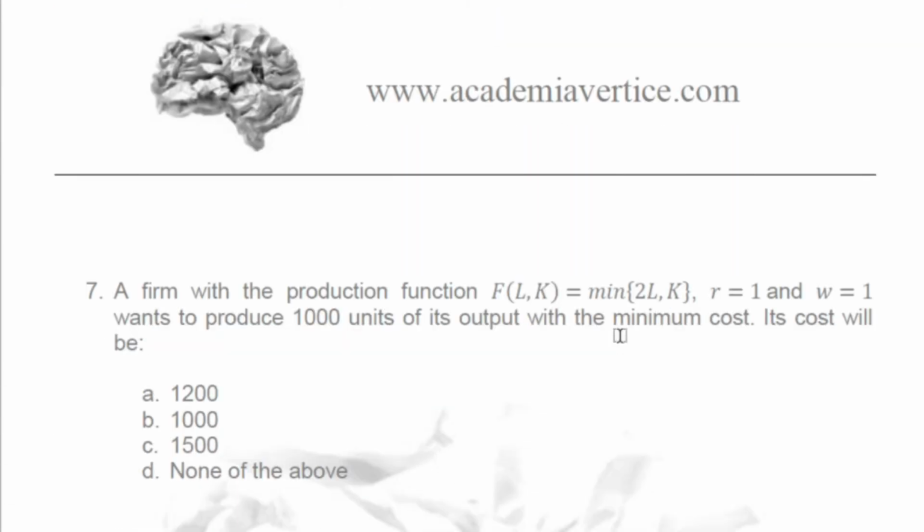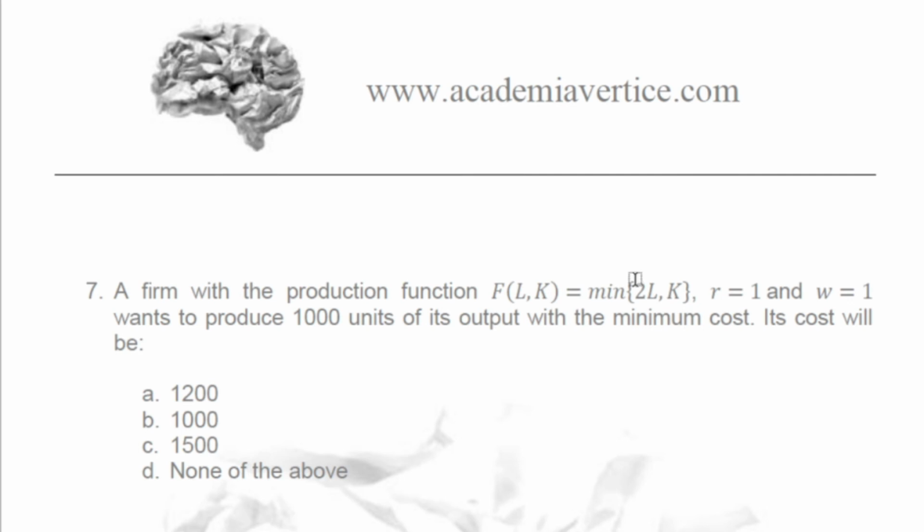Well, number 7. A firm with a production function f equal to the minimum of 2L and K, with input prices 1 and 1, wants to produce 1000 units of its output with the minimum cost. Its cost then will be, okay, we have the perfect complement exercise for cost minimization.